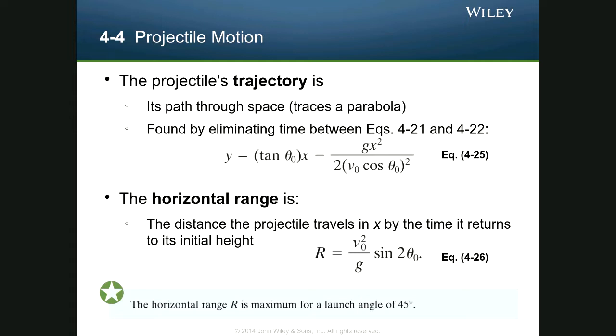Now these equations are kind of nice simplifications. They give you a range and a trajectory. So the path through space, the parabola, can be found by eliminating time between the equations in the x and y direction. So you'll notice you have y in terms of x. This is a mathematical result.